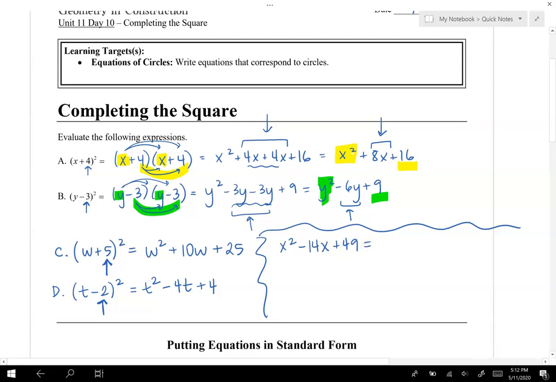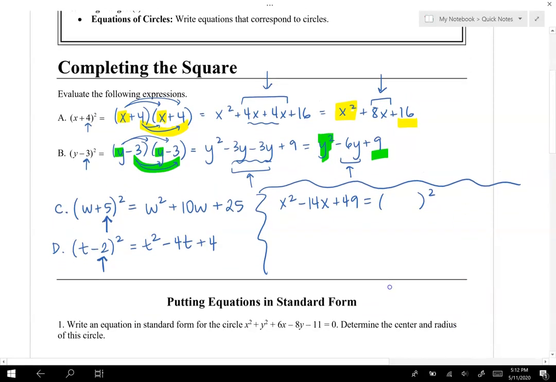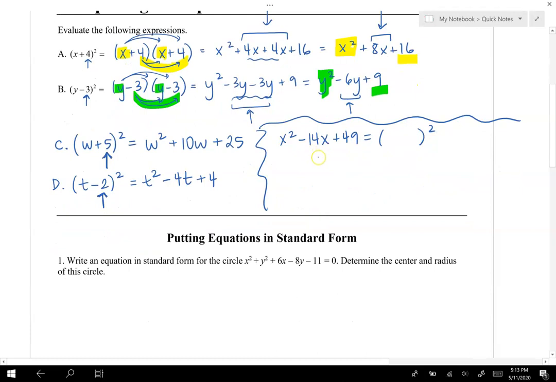Okay? If I want to get it back to this form, I've got to check a couple things. So this number, if I take half of this number, negative 14, I divide it by 2, I get a negative 7. Cool. And then if I take this negative 7, I'm going to check. If I square the negative 7, do I get a 49? Yes. So this was originally a perfect square of x minus 7 squared.